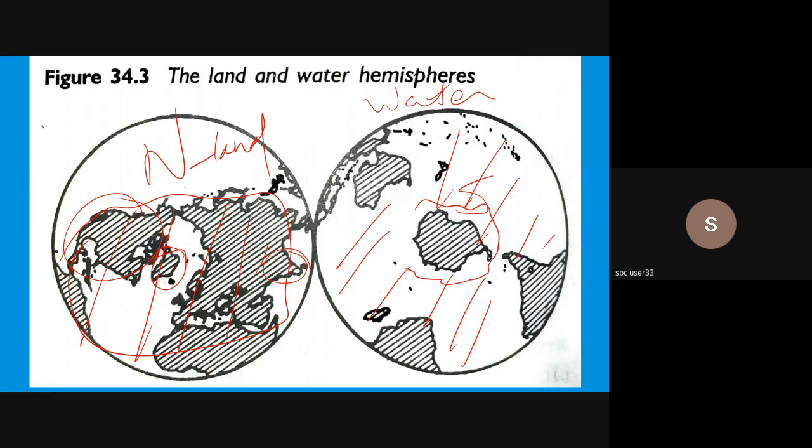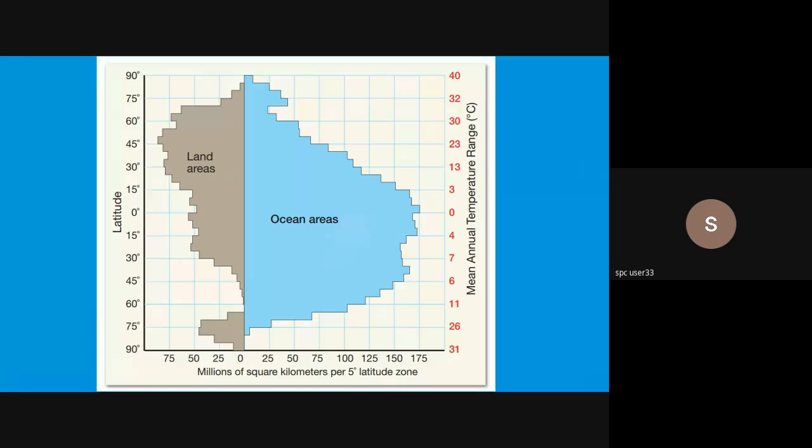When we spoke about the currents moving yesterday, we spoke about the Southern Ocean, because this cold continent impacts the water around it, and the water in fact flows in its own system. That's why we have evolved a new ocean called the Southern Ocean. Okay, so that's about the land and the water hemisphere.